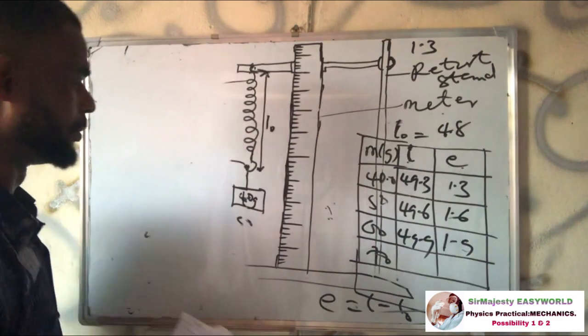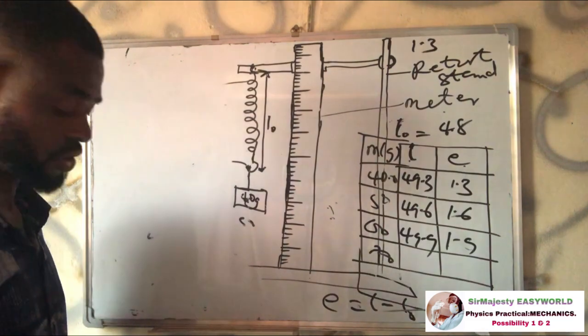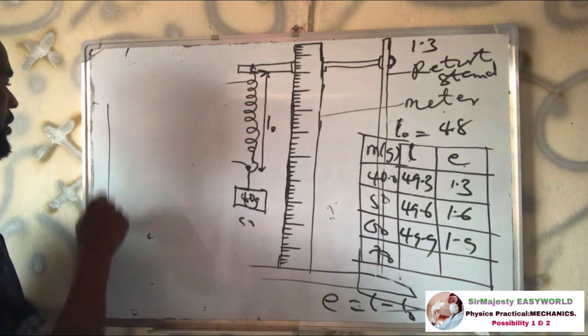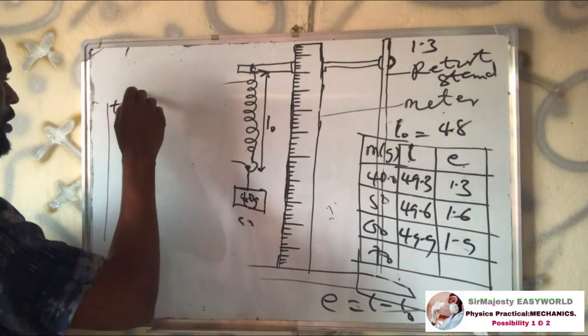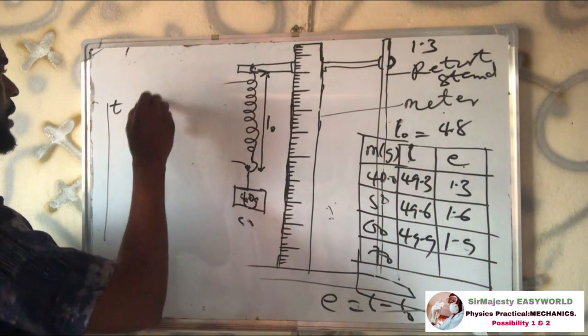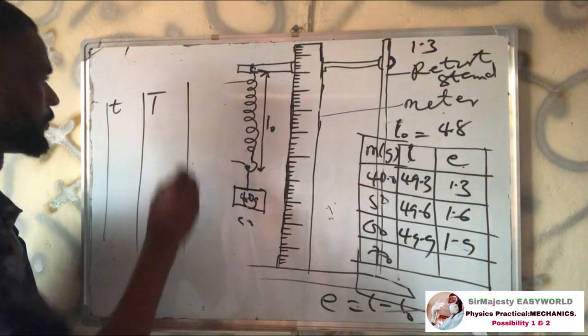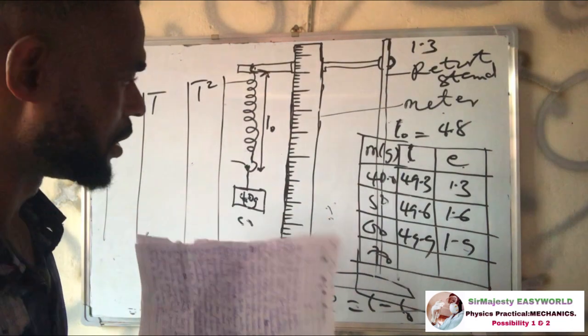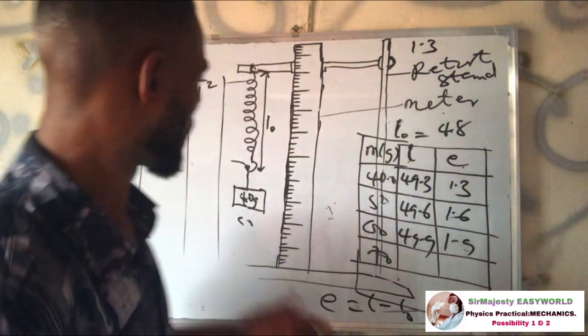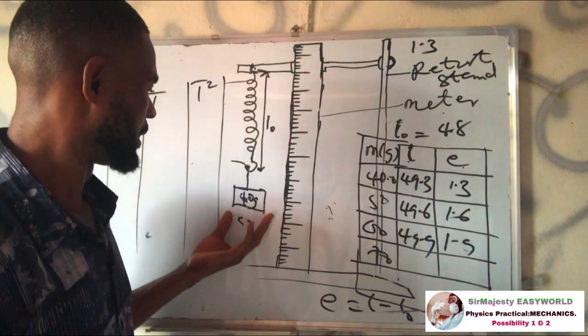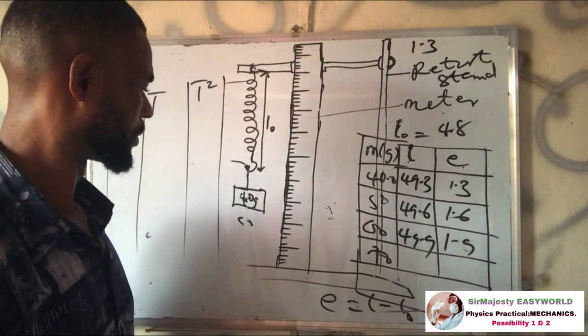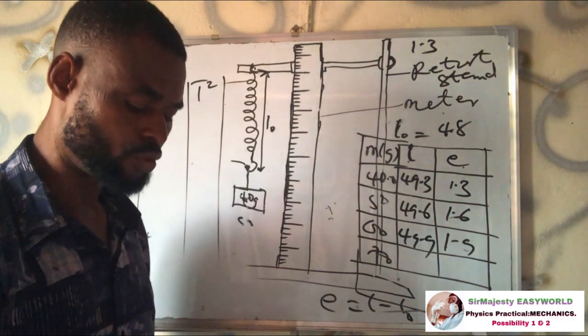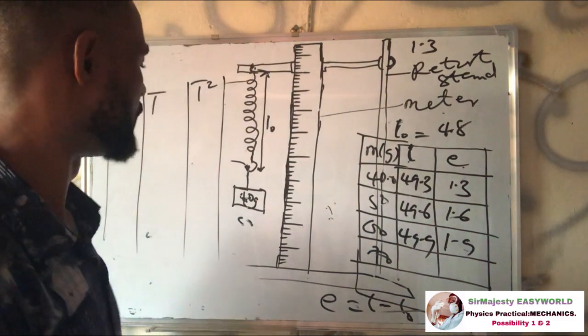The table will also have small t, capital T, then t squared. They say for 20 complete oscillations, how do you evaluate your own?